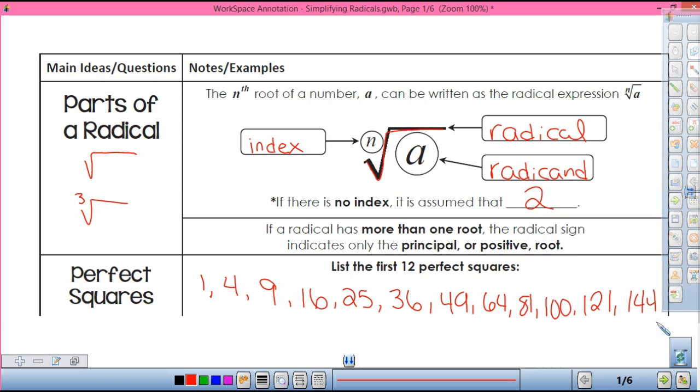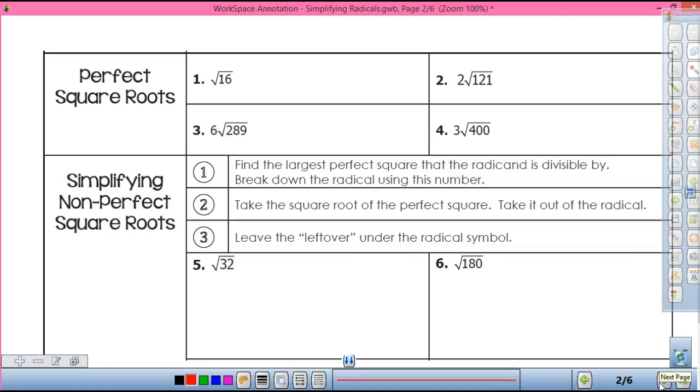All right, so far so good? So what's the square root of 16? 4. Now, this number out in front needs to do what? Times. So 2 times, what's the square root of 121? 11, which is 22.